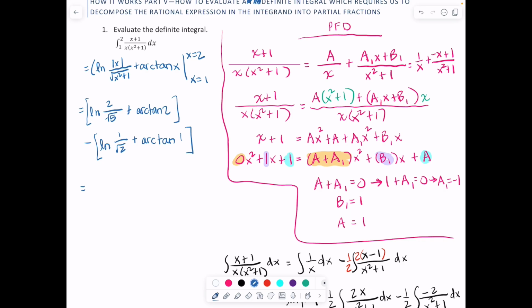So we could write that as one log. The 2 over root 5 goes in the numerator because that's the positive one, and the 1 over root 2 will go in the denominator.